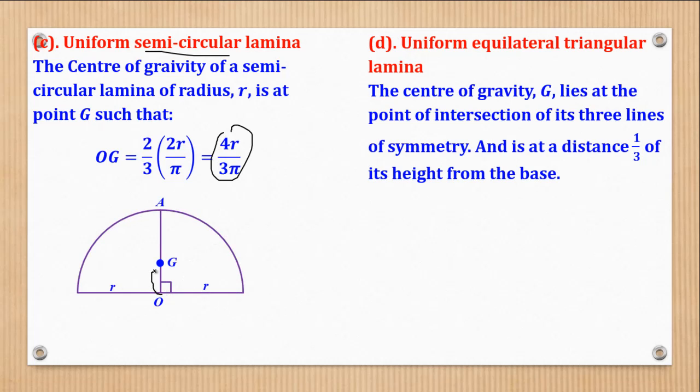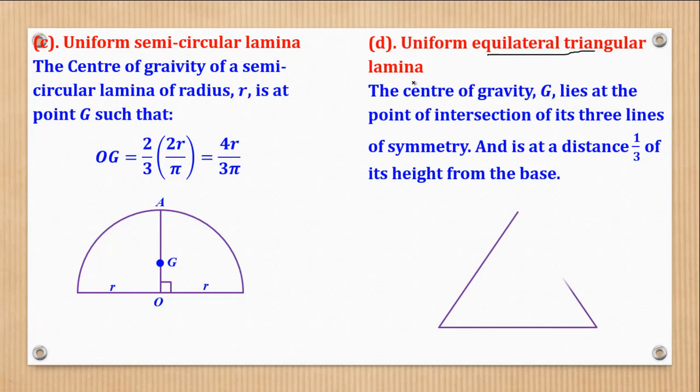So from here to here, it is 4r over 3 pi. Then for an equilateral triangle, this is what I've been telling you. By geometry, an equilateral triangle has 3 lines of symmetry. There's that, there is that, and there is that. They all meet at a point G, which will be the center of gravity.